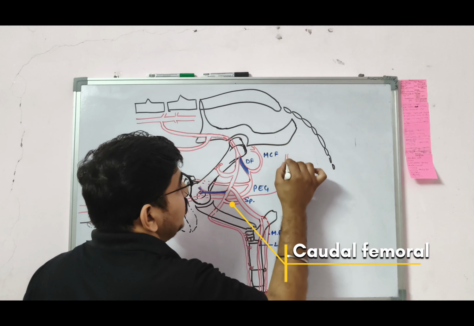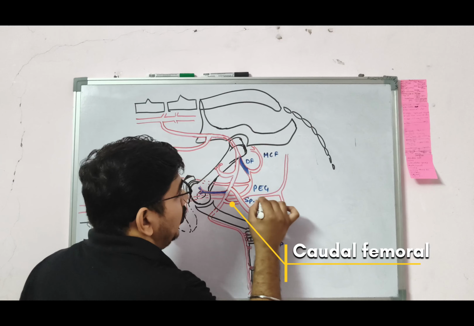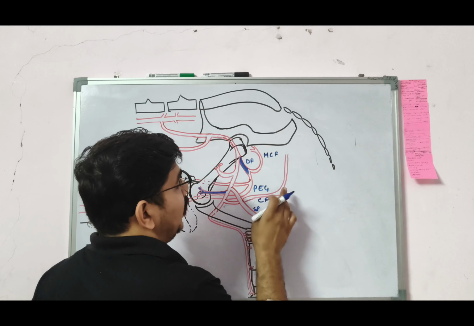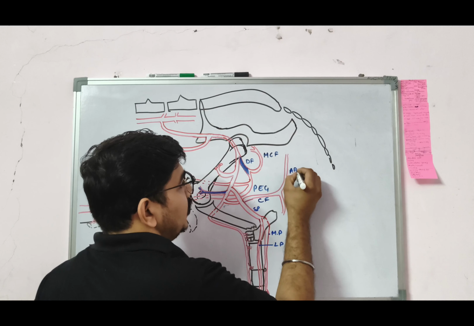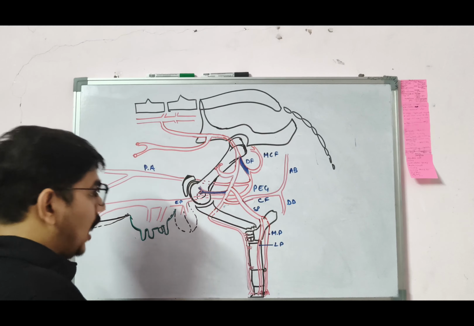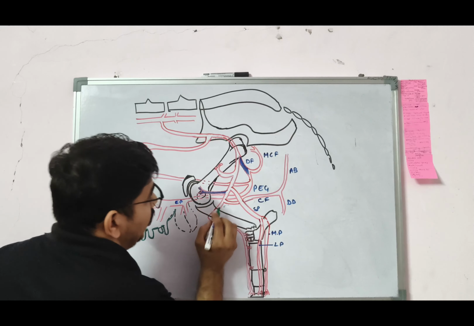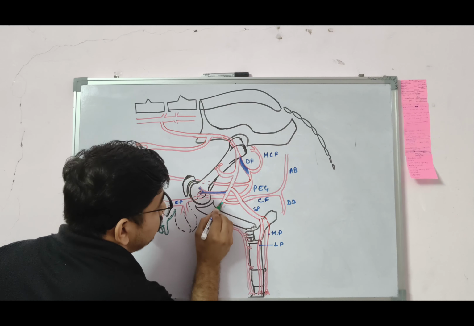It goes one branch upward and one branch downward. The caudal femoral bifurcates to give an ascending branch and a descending branch. Now, the region after the caudal femoral is this.